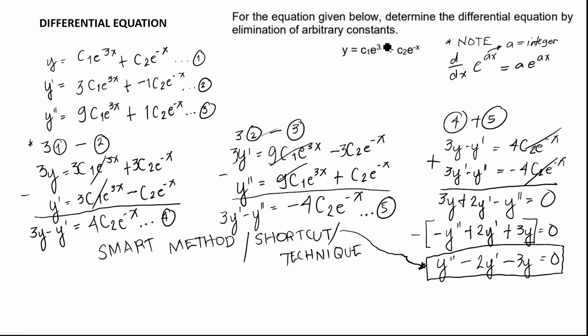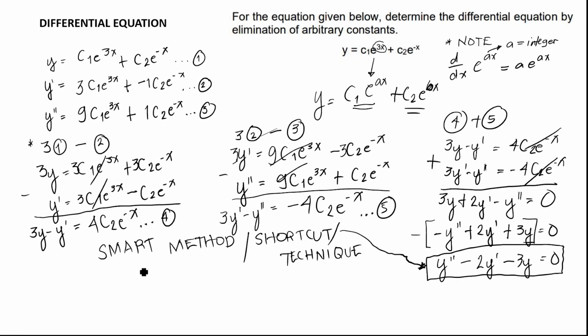You only look for this power when you have this kind of format, c1 e raised to ax and c2 e raised to bx. This is only applicable for this format. Okay? The smart method is to get the coefficient of that power.